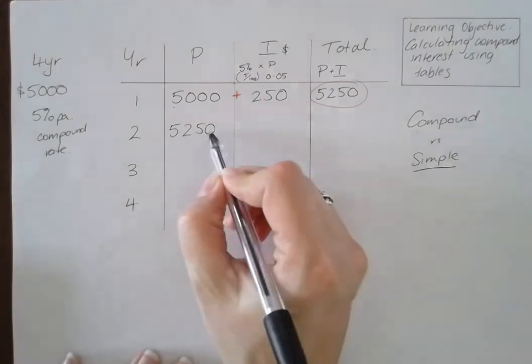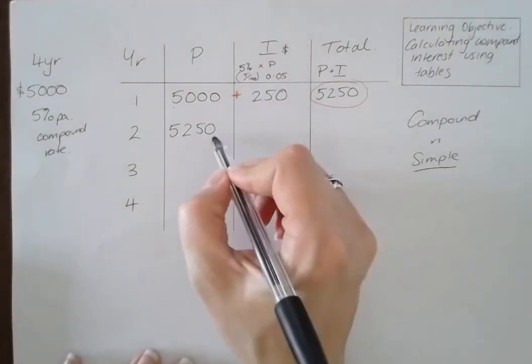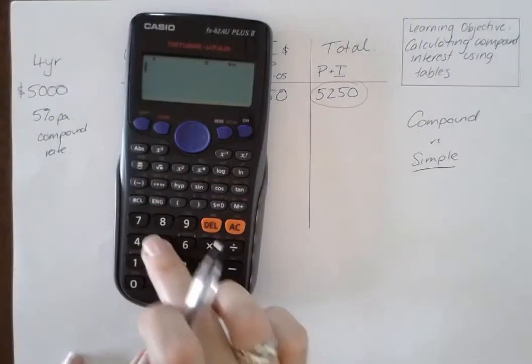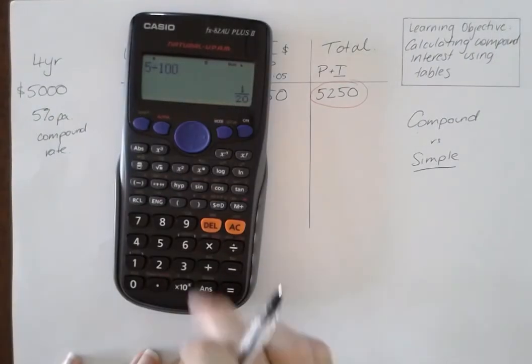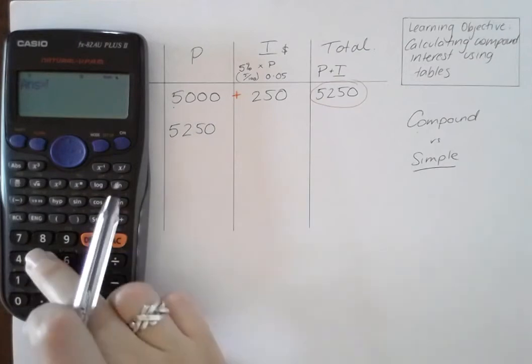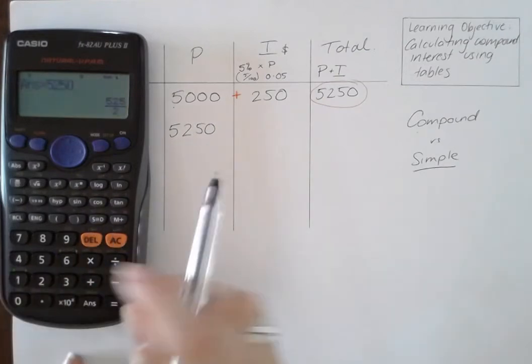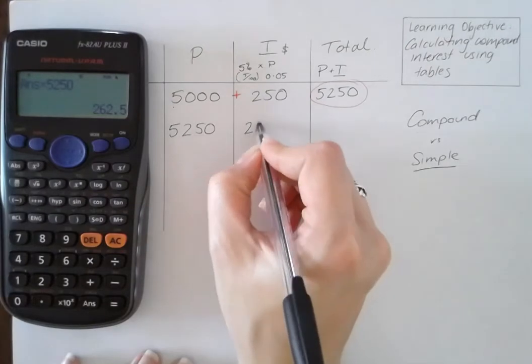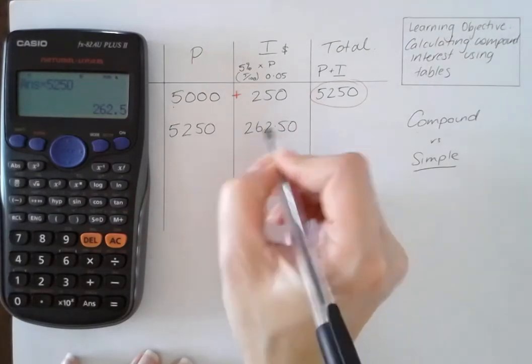So we now have to find out what 5% of this P value is. So let's do that. We can say 5 divided by 100 multiplied by our new P value of 5250. Yep, there we go. So our value here now is $262.50.